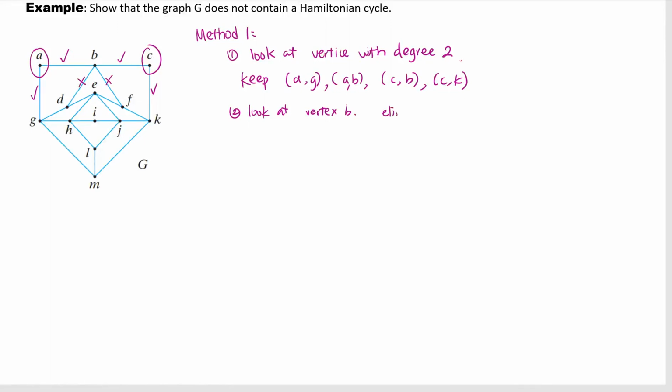So we eliminate the edges BD and BF. Keep in mind every vertex has degree 2 in the Hamiltonian cycle.